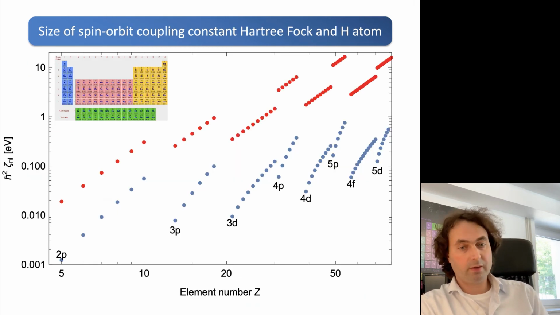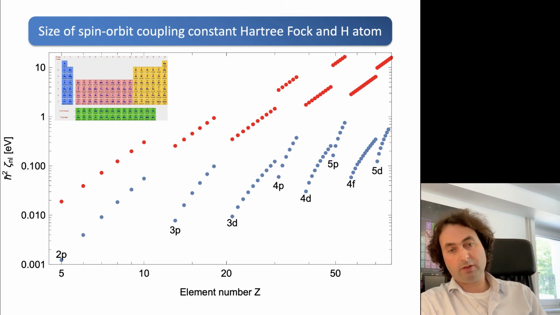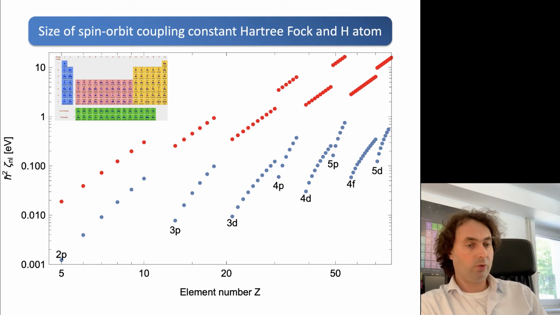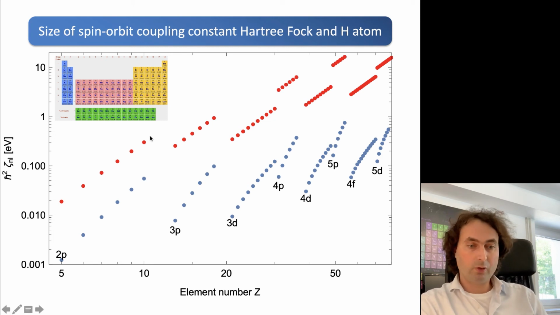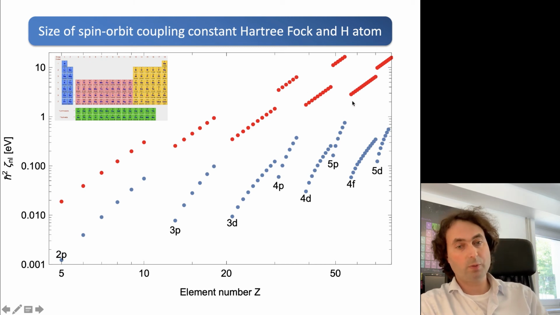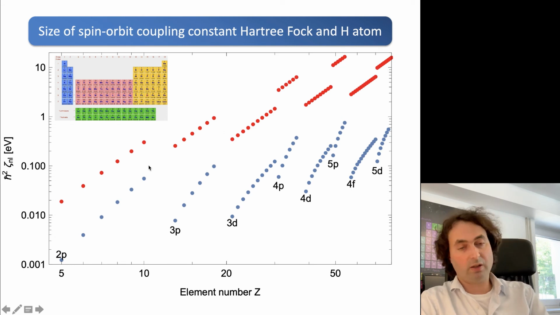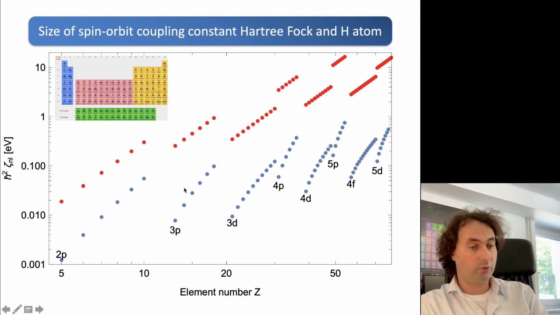If you now plot here in blue the Hartree-Fock values and in red the hydrogen effective atom values, you see that you do get these jumps when you go to a different subshell, but the hydrogen values are somewhere between a factor of 10 to 100 larger than what you find in the Hartree-Fock values.